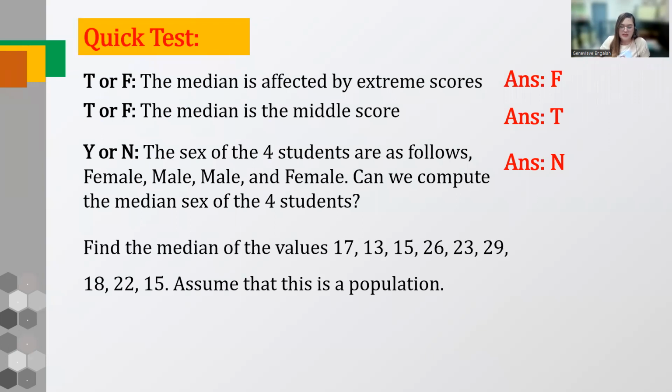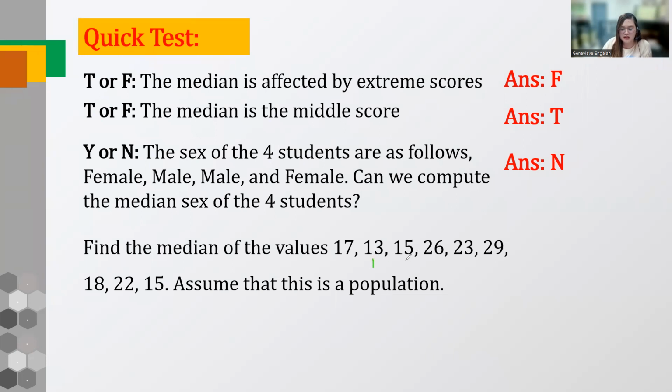Okay, so find the median. How many values are there in all? 1, 2, 3, 4, 5, 6, 7, 8, 9. 9 in all. So first, we arrange them from the smallest.